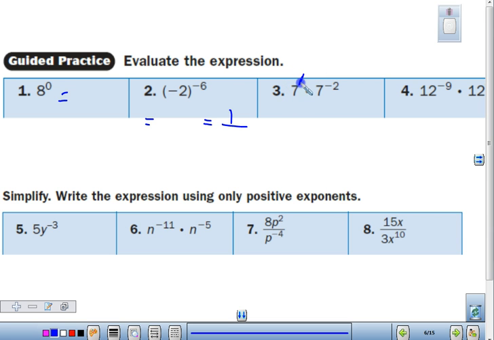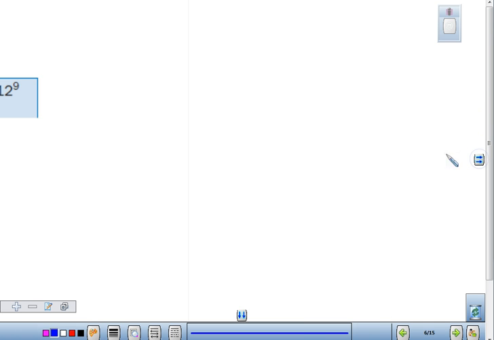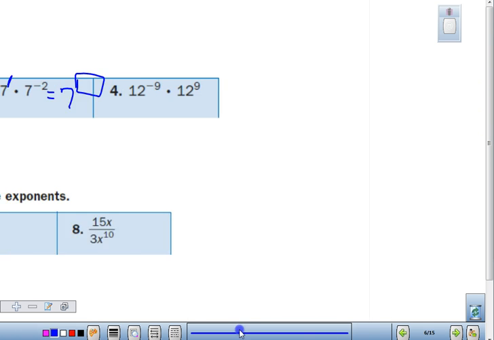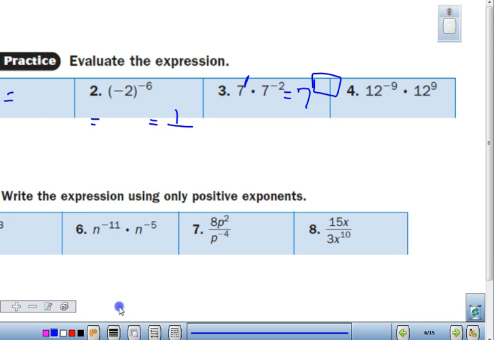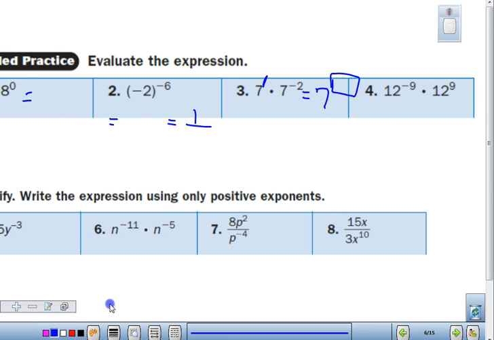In number 3, you want to apply the rule. Remember, this is 7 to the first times 7 to the negative 2. So first show me your rule. What does it mean when we multiply? What should we be doing with our exponents? Then you're going to change it if you have negative ones. Now I know you can't see all of number 4 to copy down. Oops, I moved a little too far. But number 4 is 12 to the negative 9 times 12 to the 9.